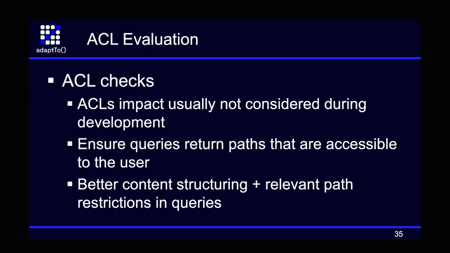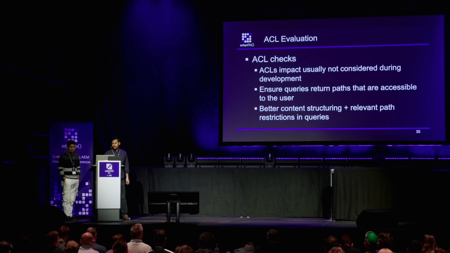The only solution is to better structure your content so that ACL evaluation does not filter too many of your results. You can add path restrictions here. So content manipulation is the only way to get rid of ACL checks if you hit this particular problem.